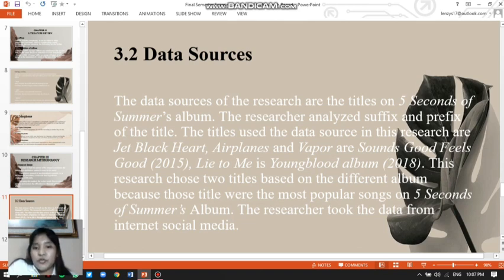This research chose titles from two different albums because those titles were the most popular songs on the albums. The researcher took the data from internet social media.